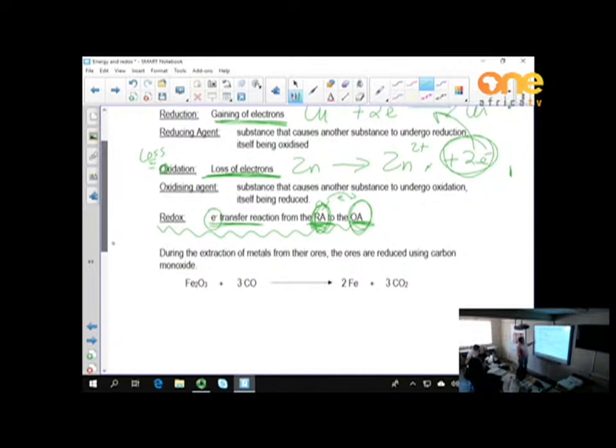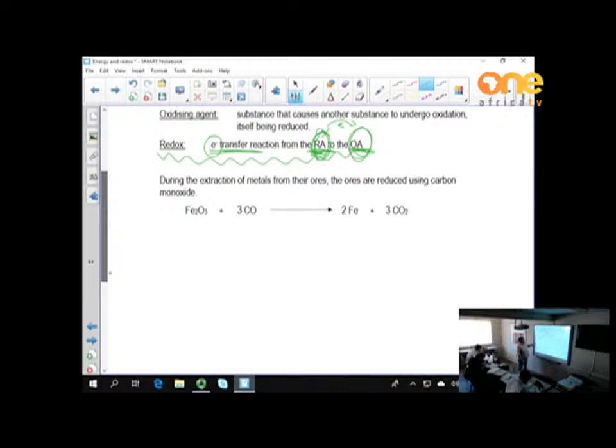When we go and have a look at the extraction of metals from their ores, a redox, a reduction oxidation reaction occurs. Now, you know a reaction with oxygen is oxidation, so the carbon monoxide is oxidized to form carbon dioxide, and the iron in the ore is going to be reduced to the metal.